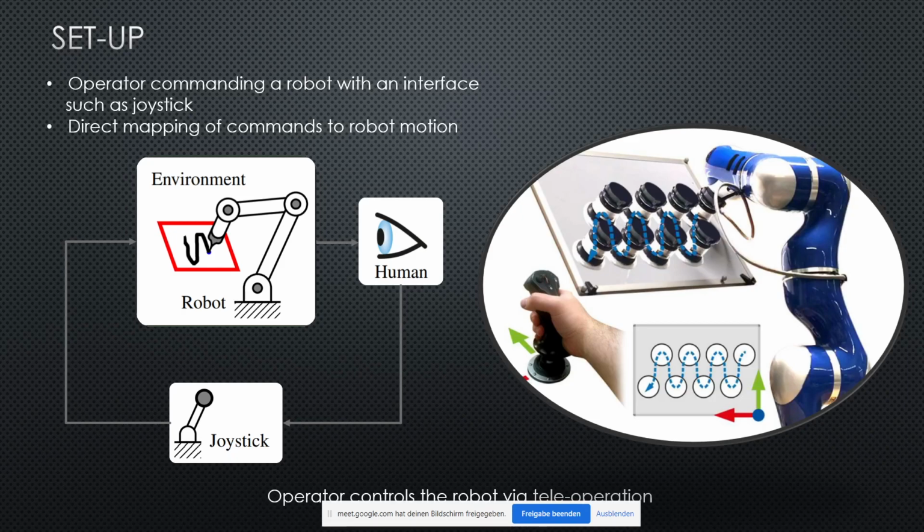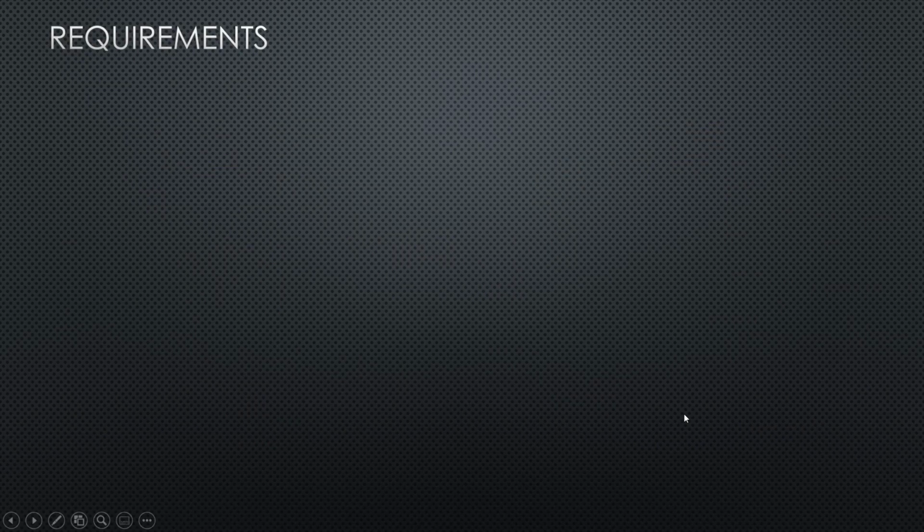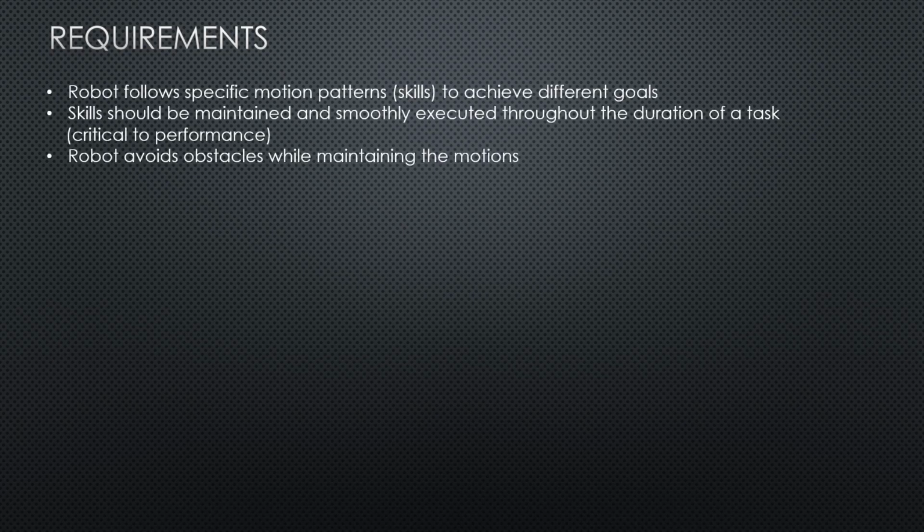So the main idea is that the operator controls the robot via teleoperation. To solve such problems, a few fundamental requirements need to be met. The robot needs to follow these specific motion patterns to achieve different goals.